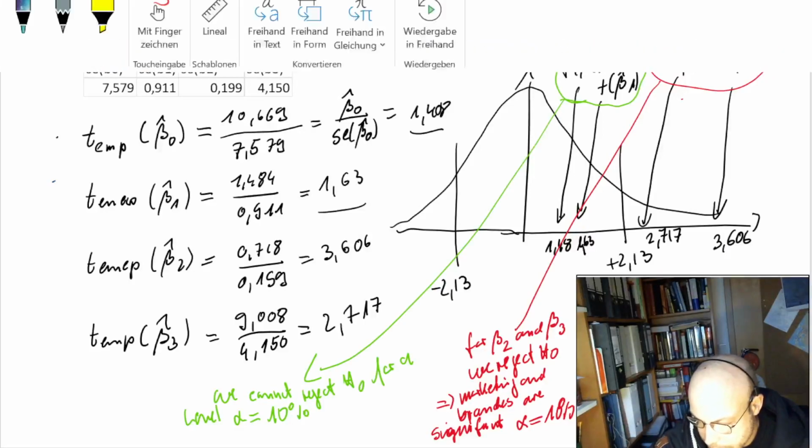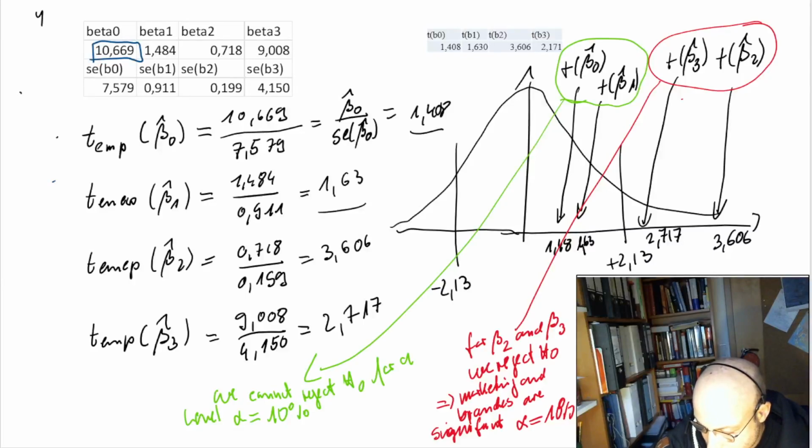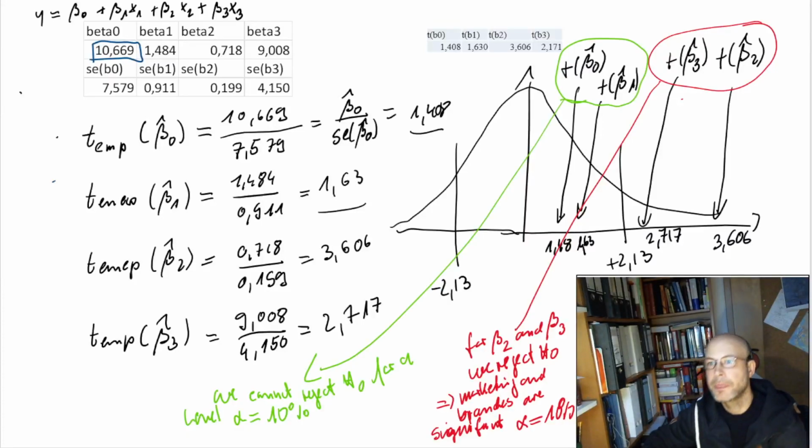Think of the dependence that y, our model is beta 0 plus beta 1 x1 plus beta 2 x2 plus beta 3 x3. If this model would be true, what would it mean economically? X1 is visits, X2 is marketing, and X3 is branches.